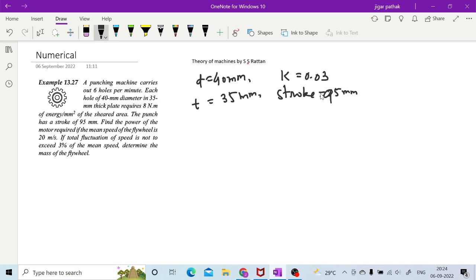Here it is given, right? Stroke of 95 mm. Then V is given as 20 meter per second.